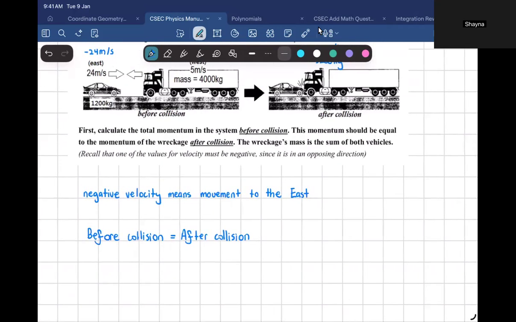So Shayna, calculate the momentum of the car. What would the momentum of the car be? It would be the 1,200 times 24, which is... not just 24. Remember, we're dealing with vectors here, and sign is very important. Oh, negative. Negative 24. And then we're going to add that to the momentum of the truck.